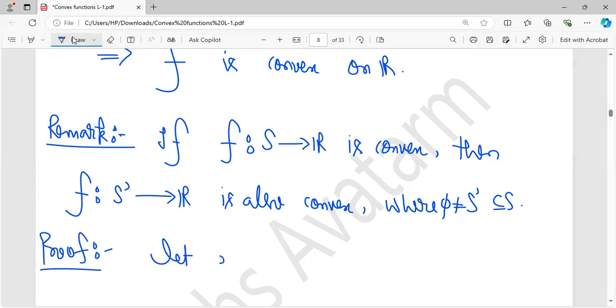Let x, y belong to S dash, x not equal to y, and lambda in this range.